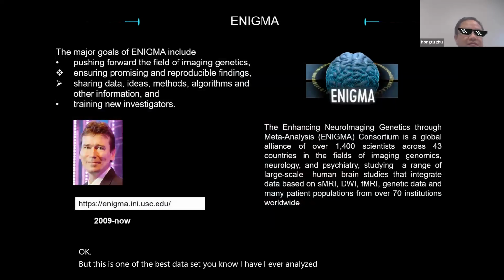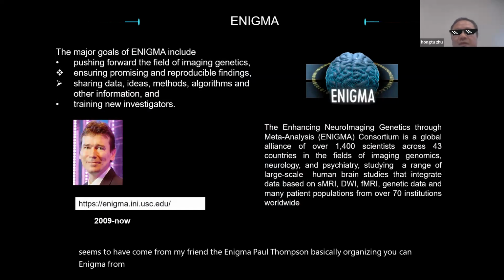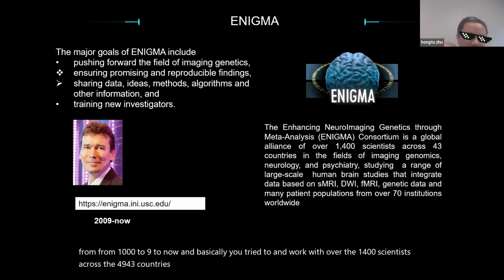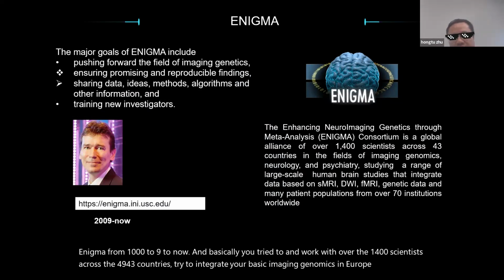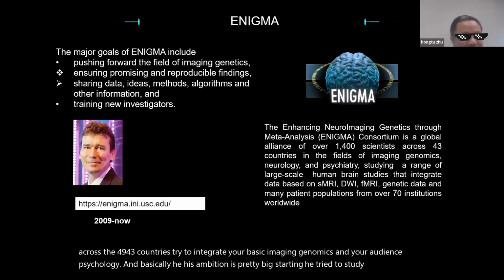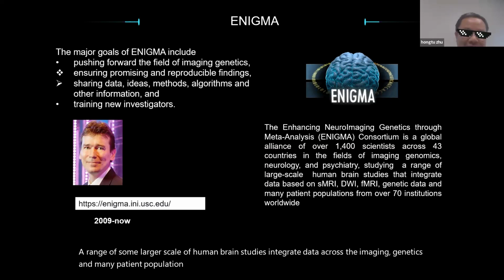And also another thing comes from my friend Paul Thompson, who basically organized ENIGMA from 2009 to now. Basically he works with over 1,400 scientists across 43 countries, trying to integrate imaging, genomics, neurology, psychology, and his ambition is a pretty big study. He tried to study a range of large scale human brain studies, integrating data across imaging, genetics, and many patient populations worldwide.